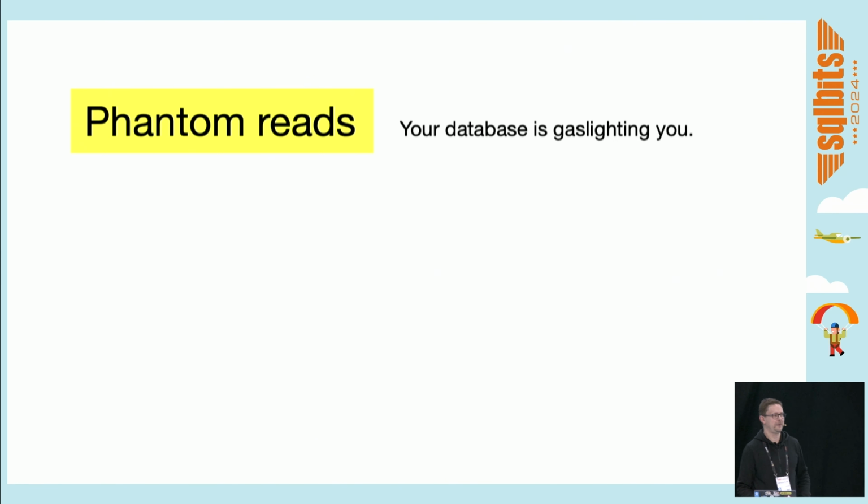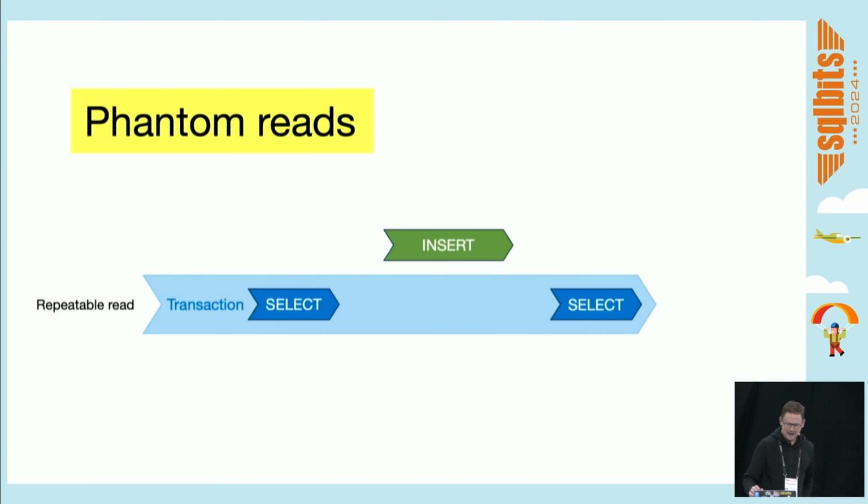So who knows what phantom reads are? Cool. This is going to be fun. So imagine the scenario we had just now, where you select data in a transaction. Say it's repeatable read. You do a select, you look at all the balances, someone goes and inserts a row. And then you do another select.